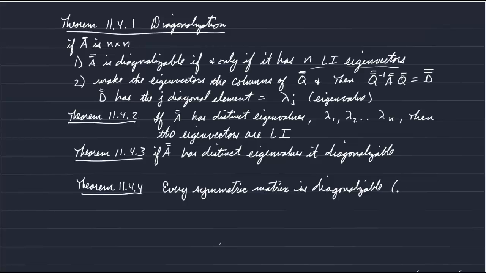And that also follows from Theorem 11.3.4, which states that every symmetric matrix has n orthogonal, and thus linearly independent, eigenvectors.